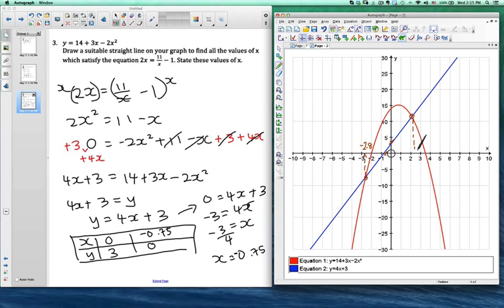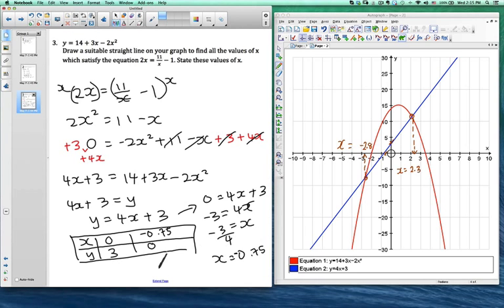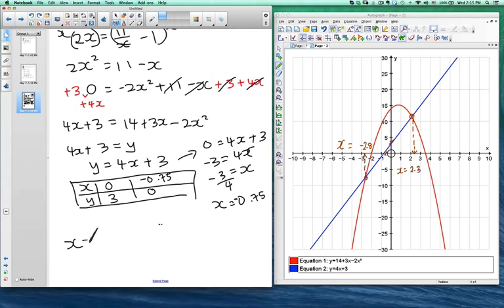Don't do like me because I do not have graph paper here. This one maybe is 2.3. So x will equal 2.3 or x will equal negative 2.8. Then what I do here is write x equals negative 2.8 or x equals 2.3.